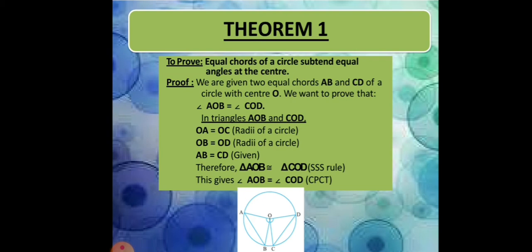So in these triangles, three sides are equal. So by the SSS congruency criterion, both triangles are congruent. And by CPCT, meaning corresponding parts of congruent triangles are always equal, angle AOB is equal to angle COD. So hence proved that equal chords of a circle subtend equal angles at the center.